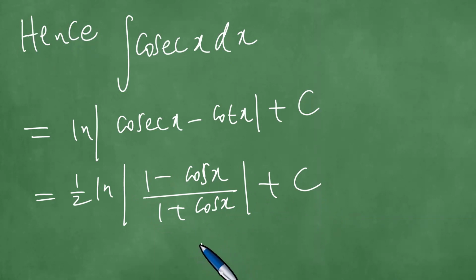Right, so this is very, very important. So in other words, these are equivalent, meaning we can write the integral of cosecant of x as this one or as that one.